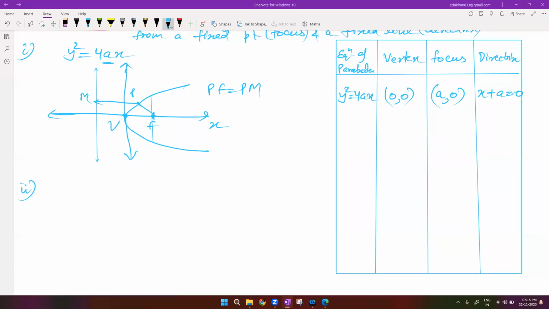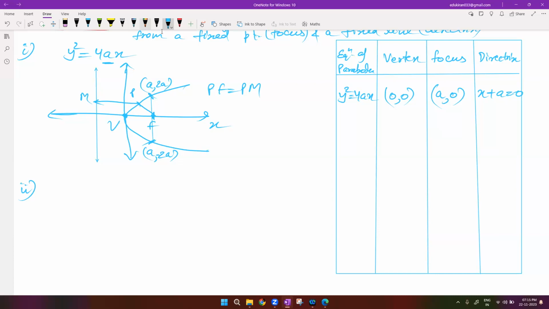So these points, by the way, you should know these points. (a, -2a) and (a, 2a), and the length of latus rectum is 4a.